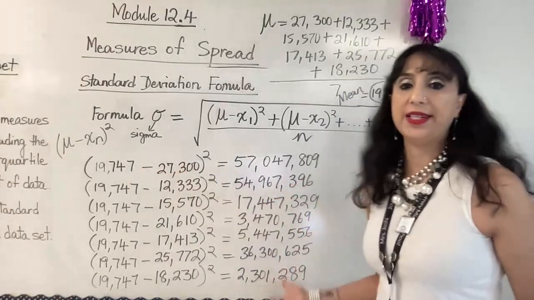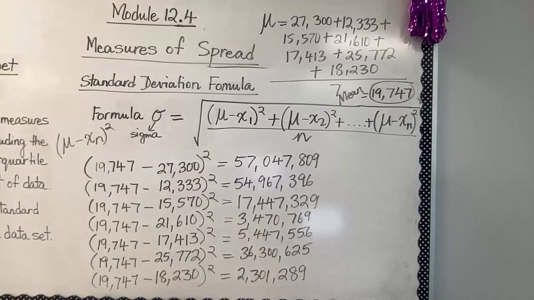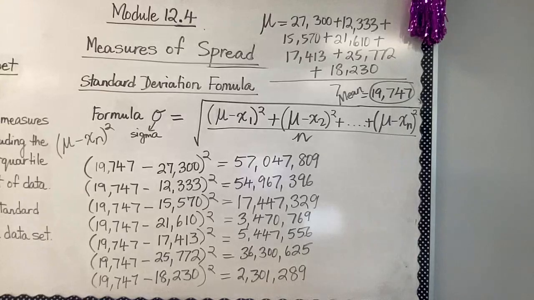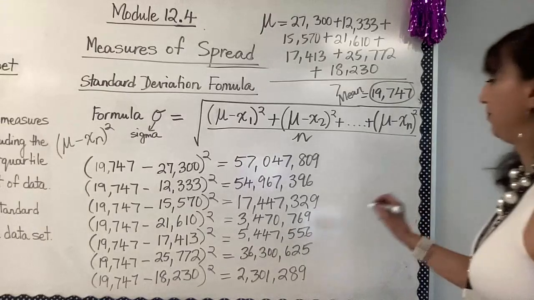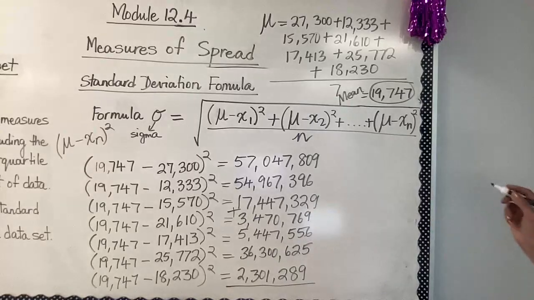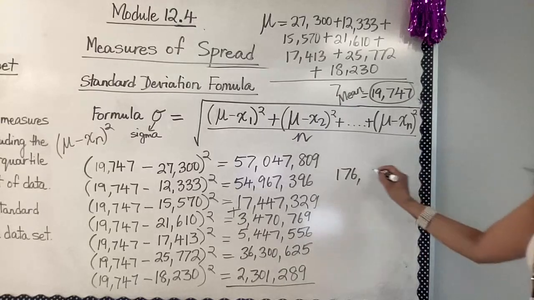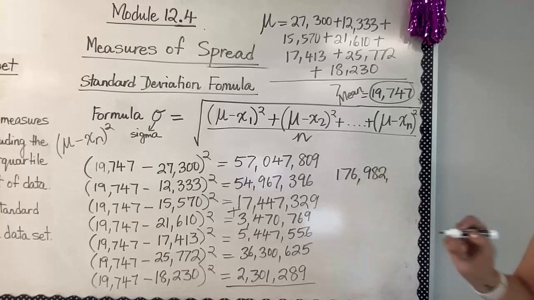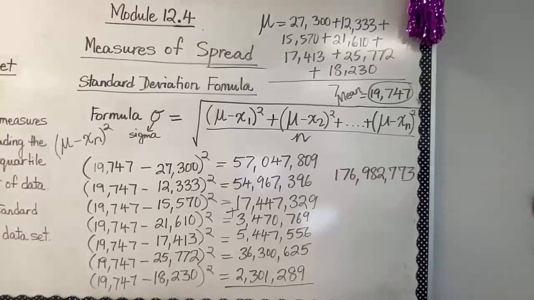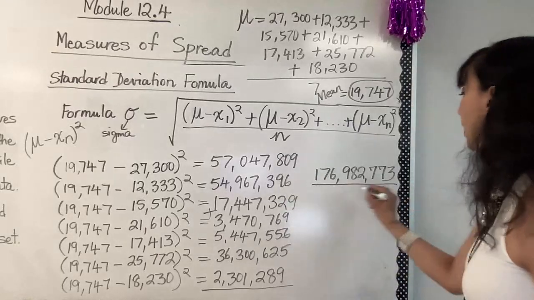Next, I am going to add all this up, and when I add all of this up, I end up with 176,982,773. Then I take this value and I divide by 7.